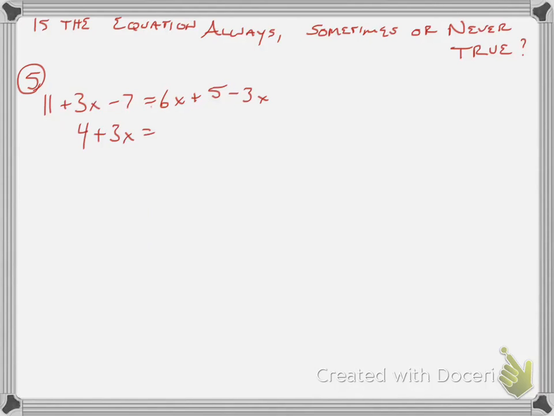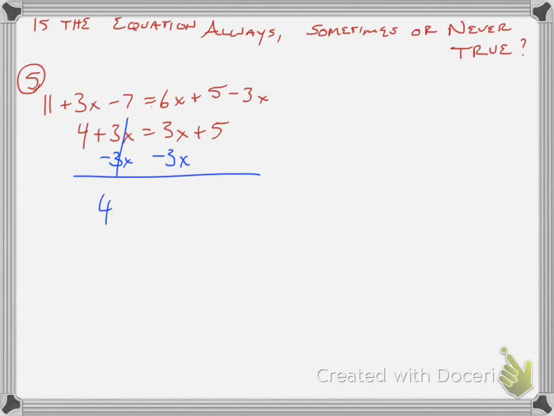Combine your 6x with -3x, and that's going to be 3x. Okay. Now I'm going to get my x's on the same side. So I'm going to subtract 3x here and subtract 3x here. So I have 4.